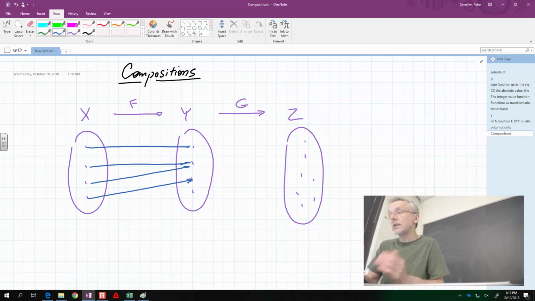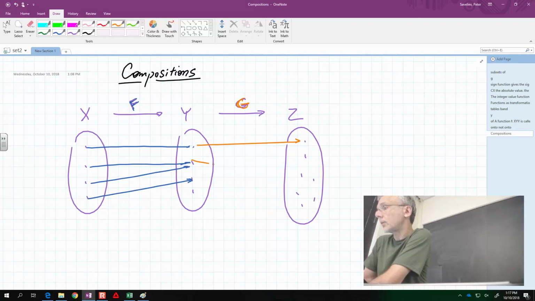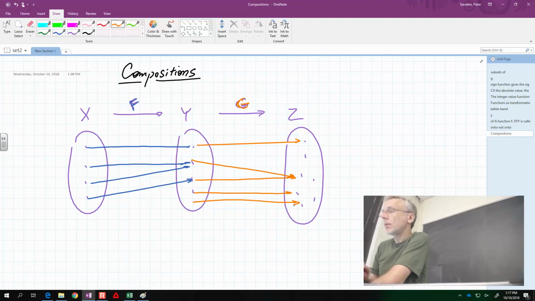So that's f. Then, entirely separately from this, exists g. So like this maybe. There are no restrictions on 1-to-1 or onto. It doesn't matter.